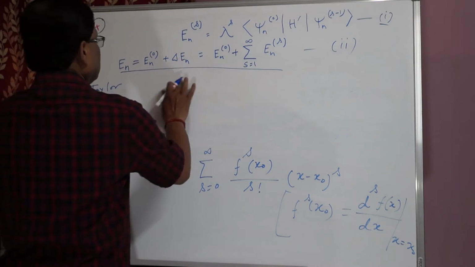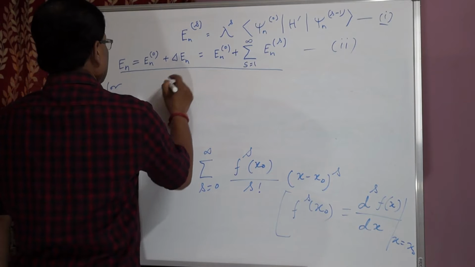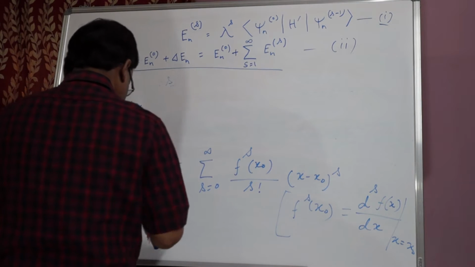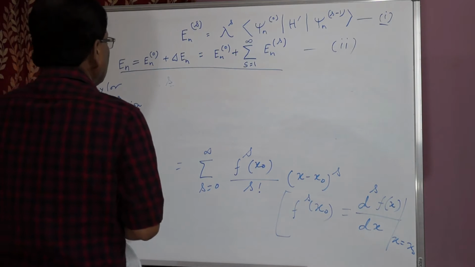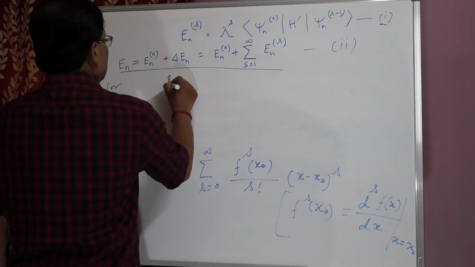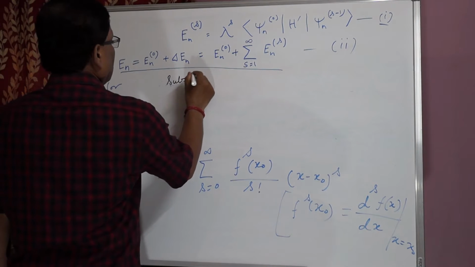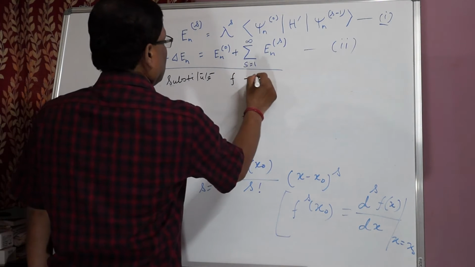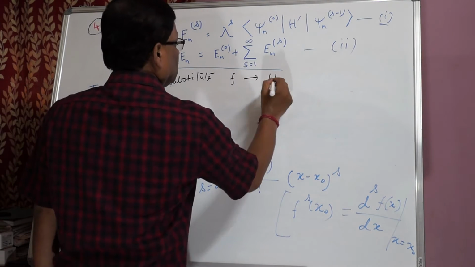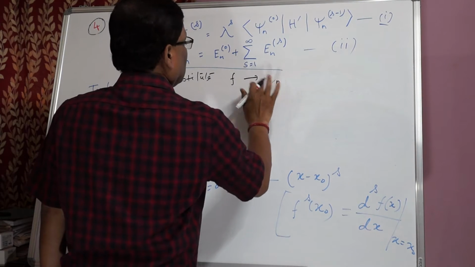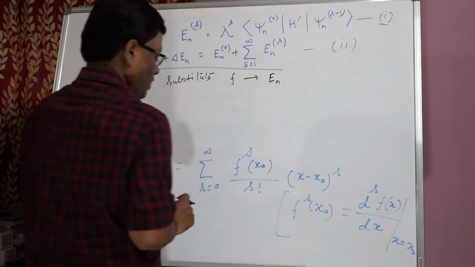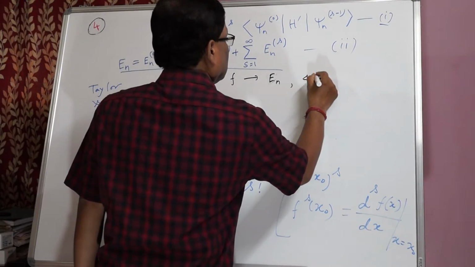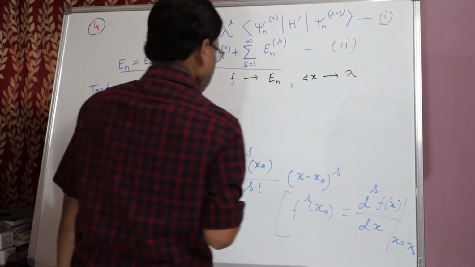Now we can substitute f by En and delta x by lambda.